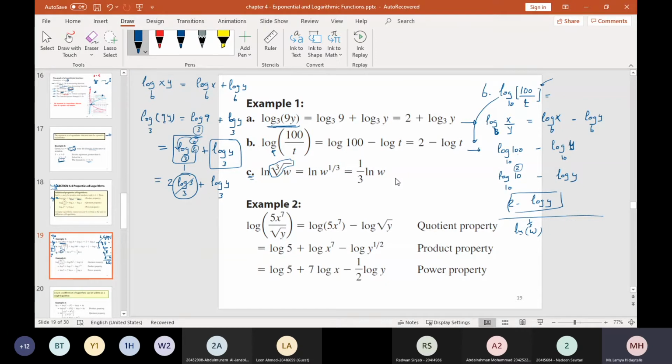So what is this in any case? We said always the power of the argument we can take down, so it is 1 over 3 ln w. Can I proceed more? No, nothing more to do. So this is number C.